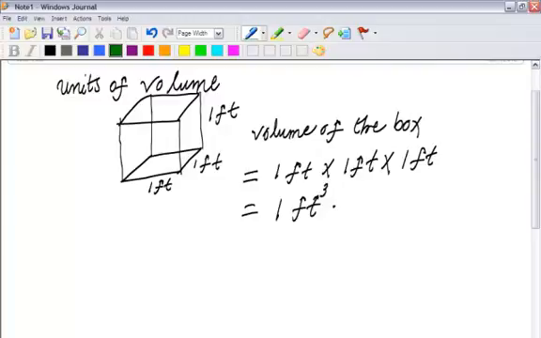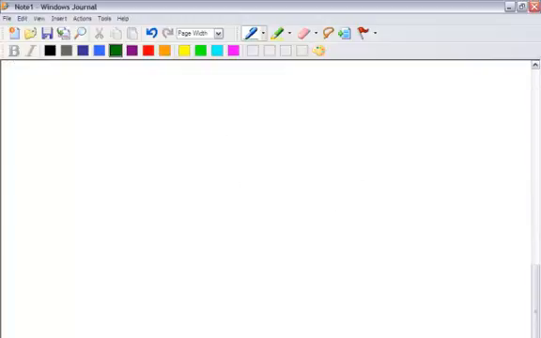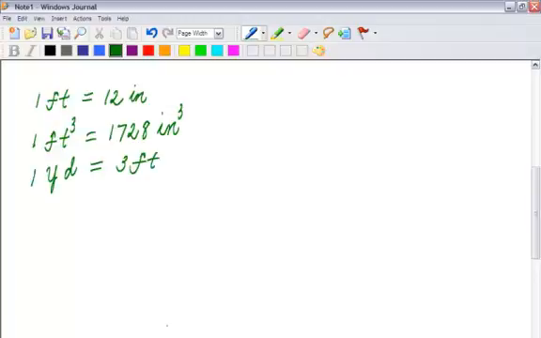And 1 foot cube gives me the volume of a cube, and same way 1728 is also the volume of the cube. Okay, now 1 yard is 3 feet, right? So what would be one cubic yard? It would be like 27 cubic feet.